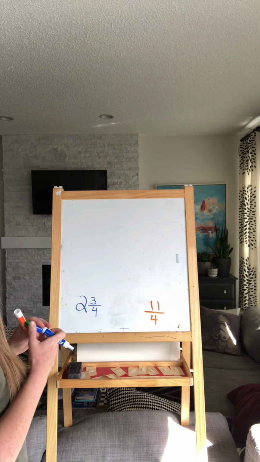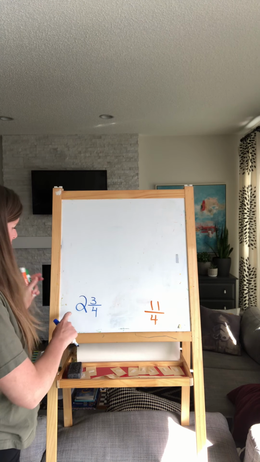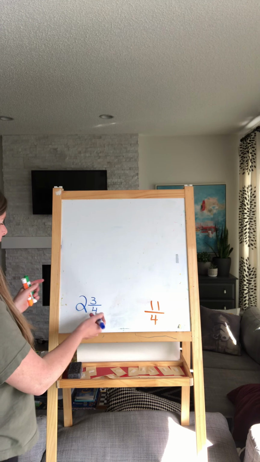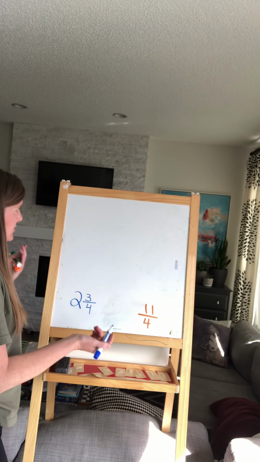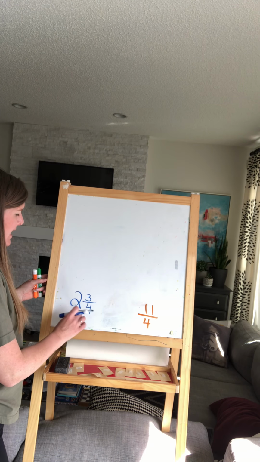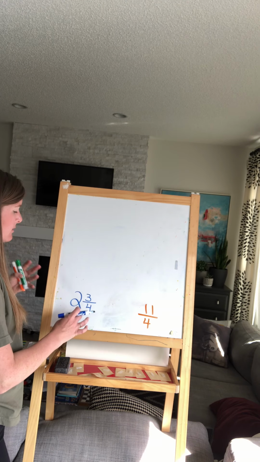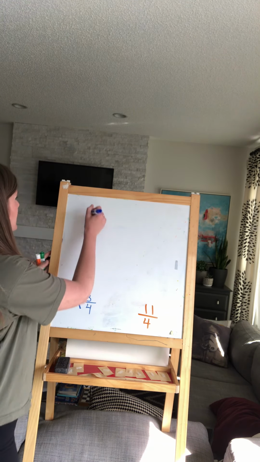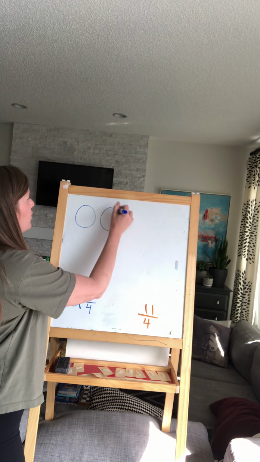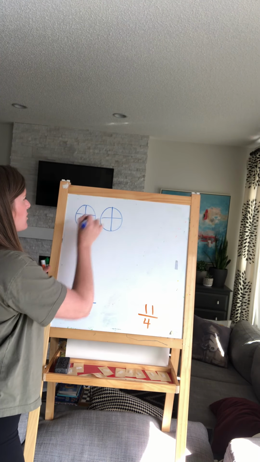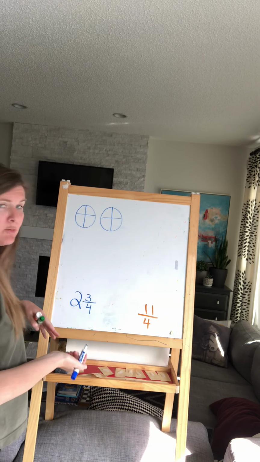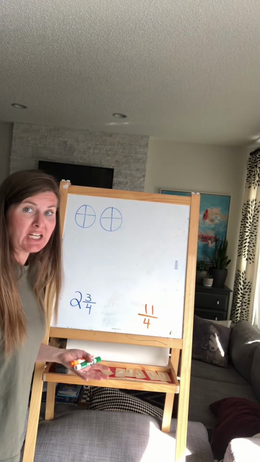So if I'm looking at this number, 2 3/4, that tells me that I have 2 complete wholes, right? So instead of drawing the picture of 2 wholes and splitting it into 4 pieces and counting how many pieces I have there, it's super easy to just use multiplication, right?